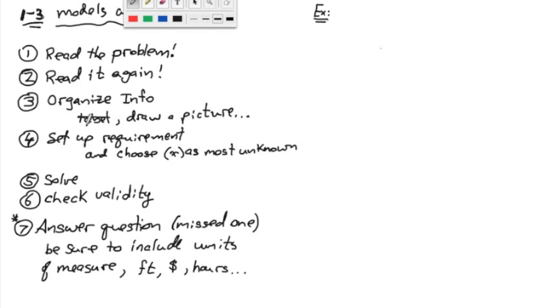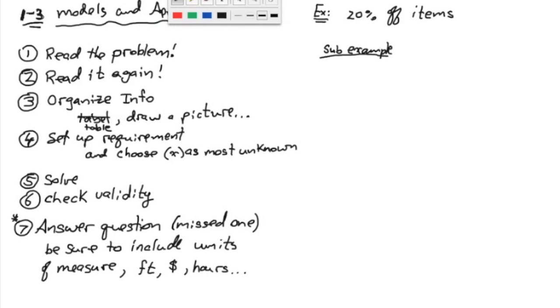So let's say I have a $75 item, and need the price for 20% off.